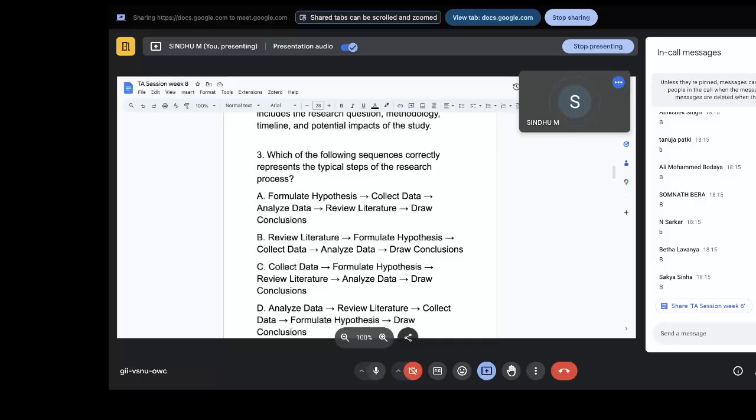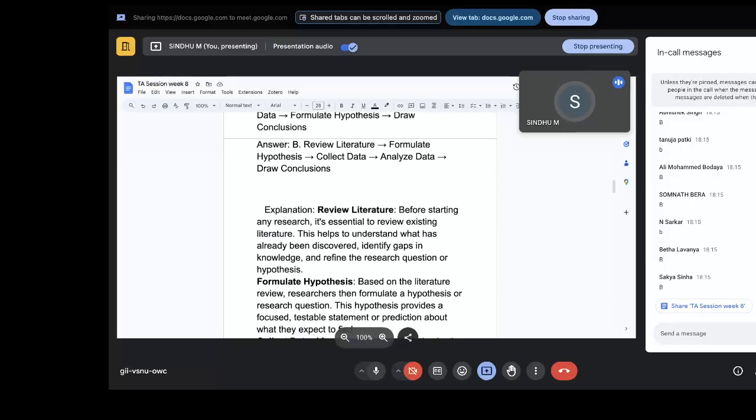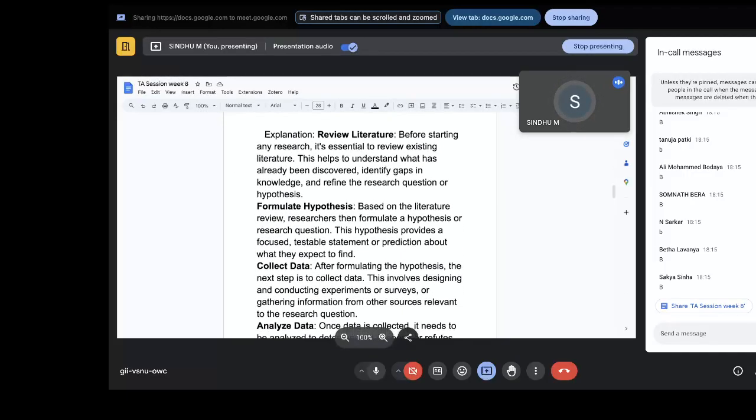So that is not correct. In option C and D, they are directly going to collecting data and analyzing data. That also will not make sense, because only after you have done a literature review and then formulated the hypothesis, based on that only you can do the experiment and collect the data.